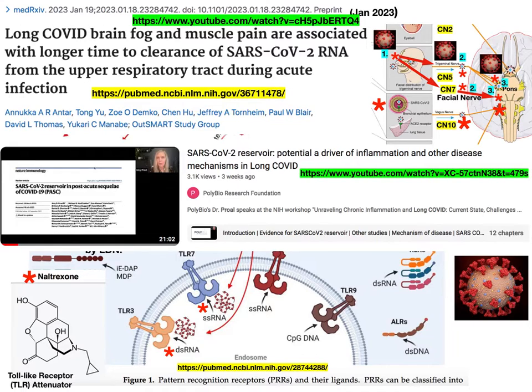As these endosomes with activated TLRs are transported retrogradely by microtubule-based transport, this is called axonal transport, the endosomes are moving from the periphery of the neuron to the cell bodies located within cranial ganglia.